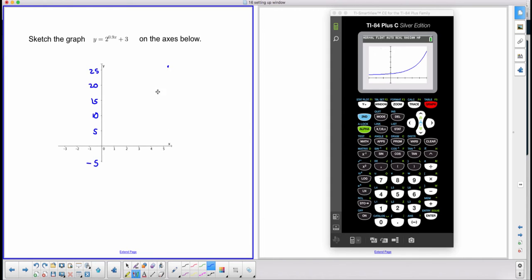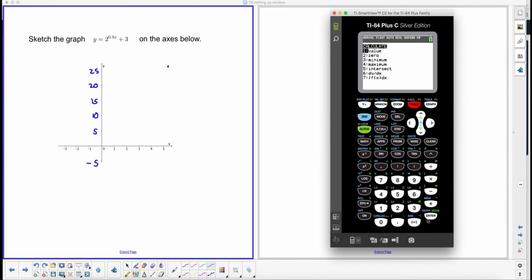Now I want to draw this shape, but in order to put it in the right place I'll calculate 2 other points: the other endpoint, and the y intercept that I see. To calculate that we'll use the calc feature again, choose value, and ask for the value at 0. It tells me when x is equal to 0, the y value is equal to 4.